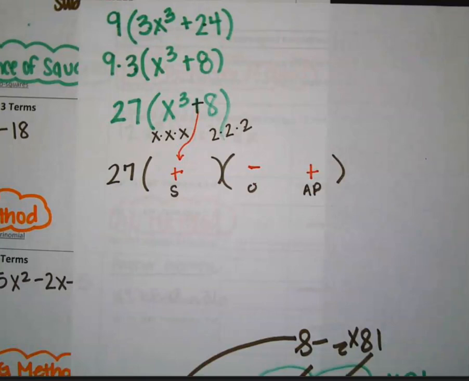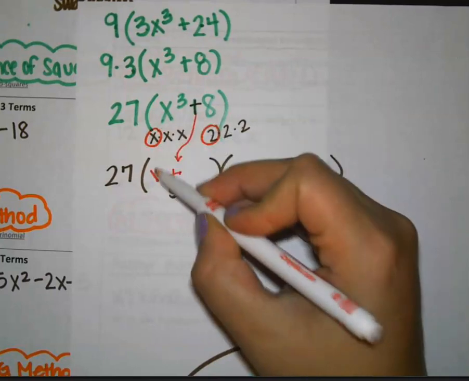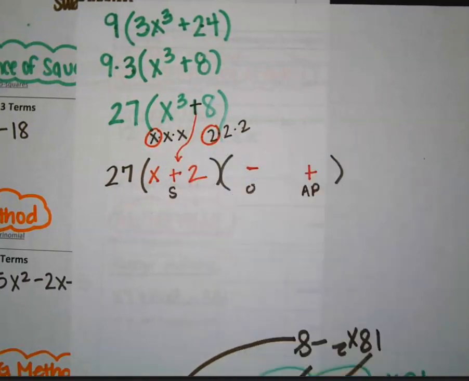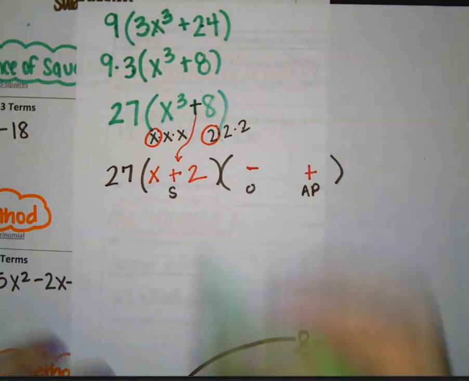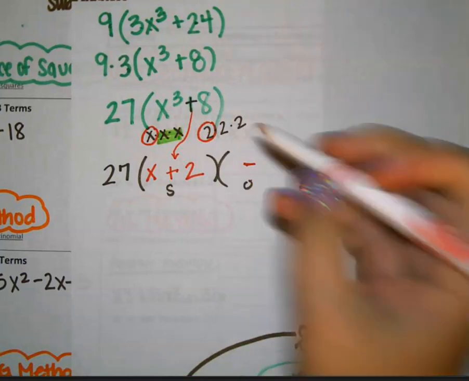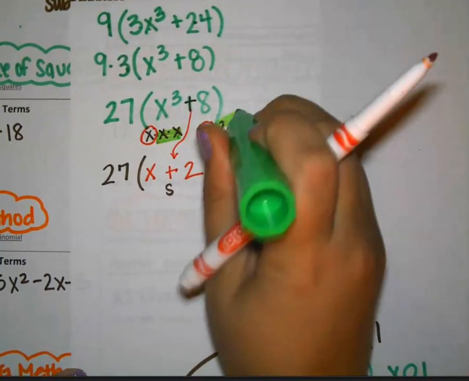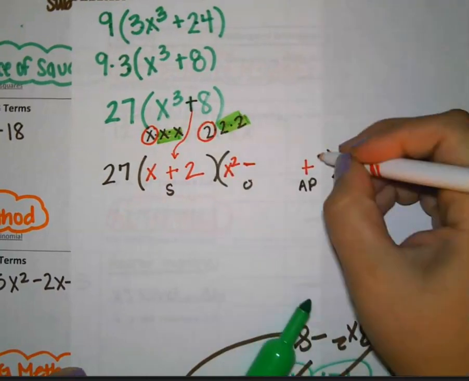Then next I circle one of each and I drop it down here. Then I take these 2 here and multiply them together, so x times x is x squared, so that goes here. And then 2 times 2, that's 4, and that will go here.